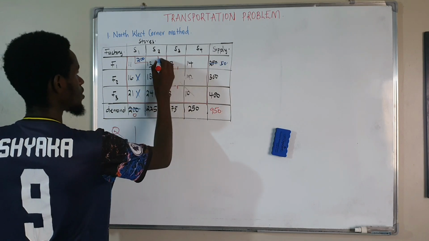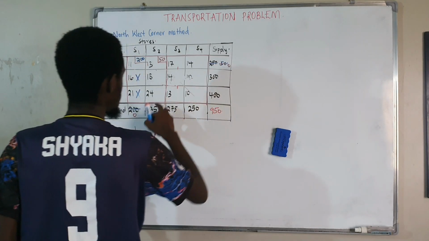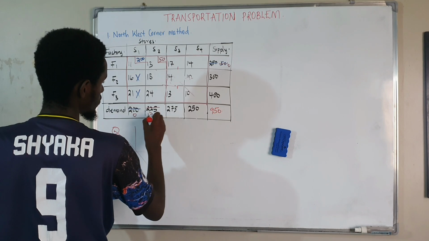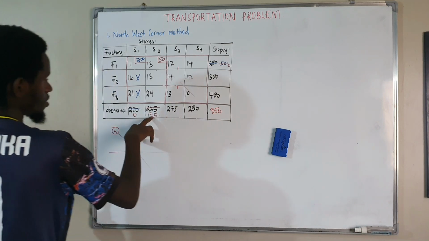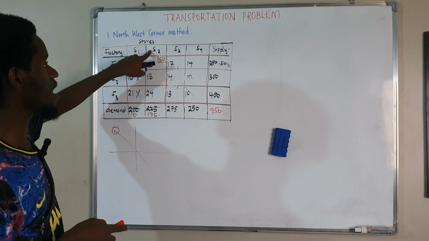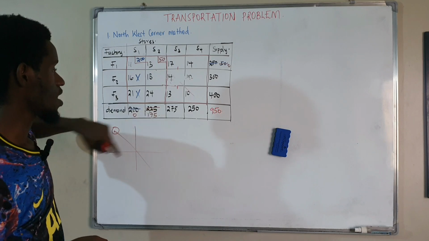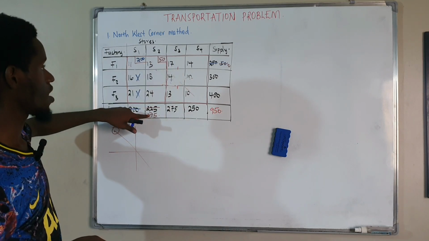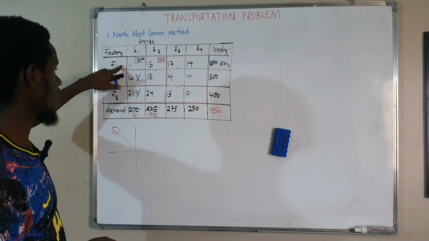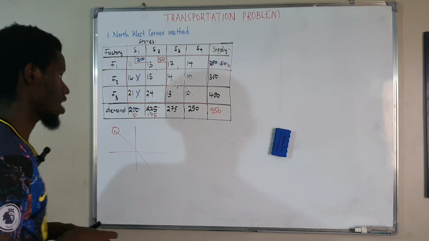Here we have 50, and then this goes to 0, and here I'm going to reduce the 250 by 50, which is going to be 200. Since store 2 has received the 50, its demand is reduced, and factory 1, which supplied the 50, will supply them to store 2. I think we are together.